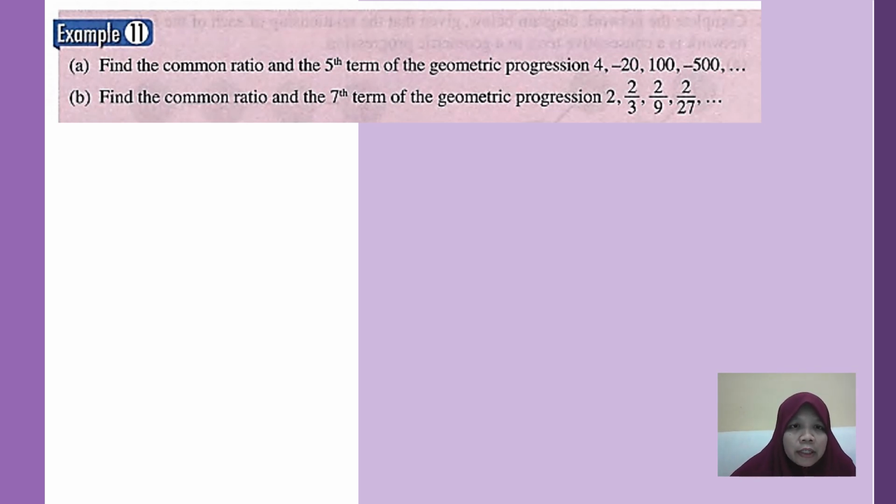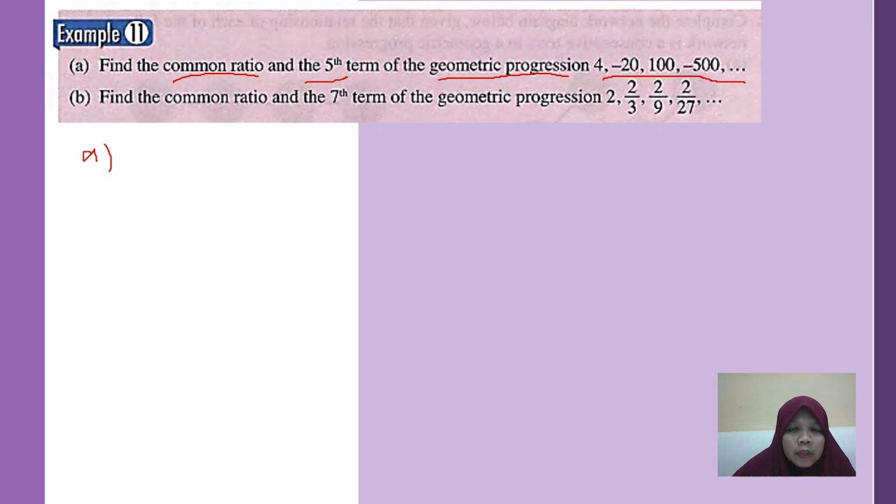A, find the common ratio and the fifth term of the geometric progression 4, negative 20, 100, negative 500 and so on.